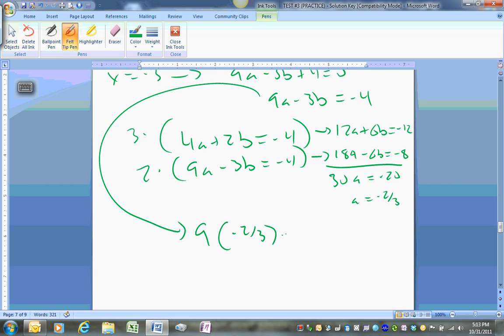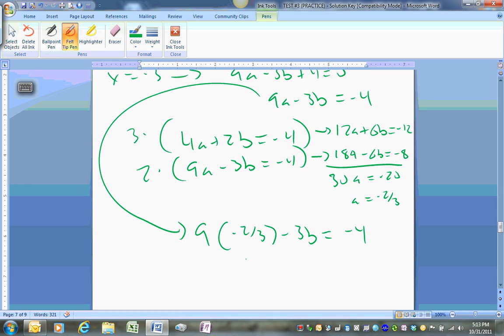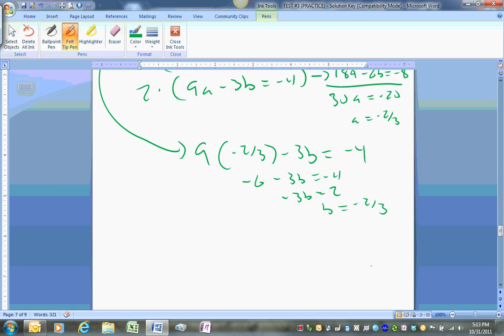Say, use that equation. It should work out for us. You get negative 3b equals 2. B also equals negative 2/3. So your equation would be negative 2/3 x squared minus 2/3 x plus 4.